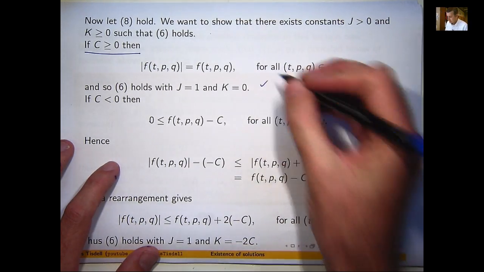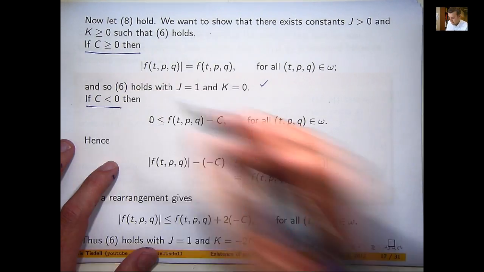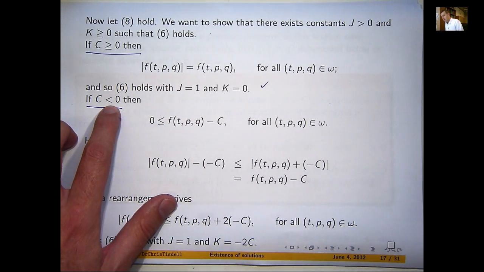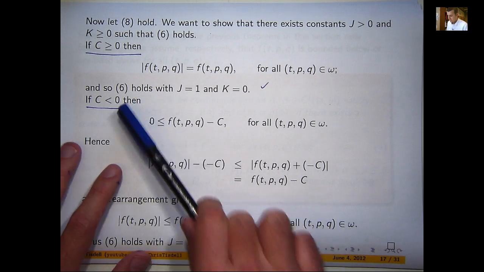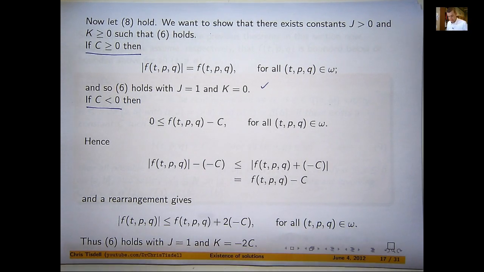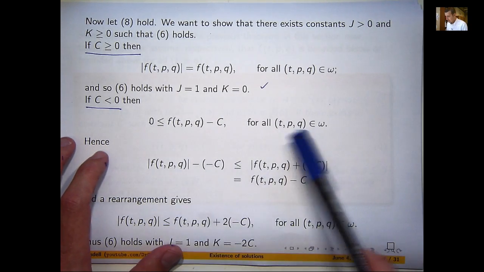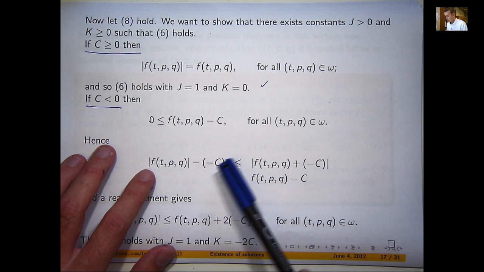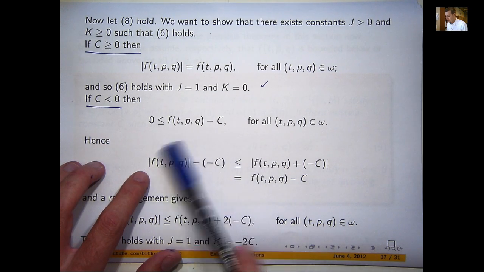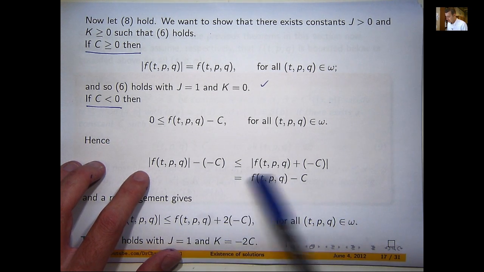So that's that case. And a slightly more involved case is when c is negative. Well, if that's the case, then just rearranging this, you come up with this. And then using the properties of the triangle inequality, you can come up with this is less than or equal to this, which is equal to this.